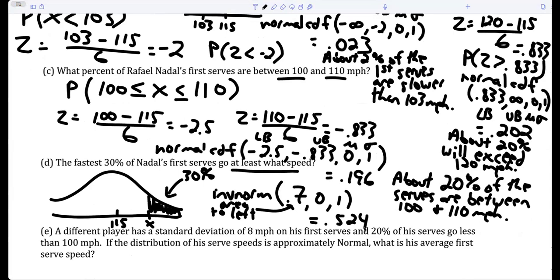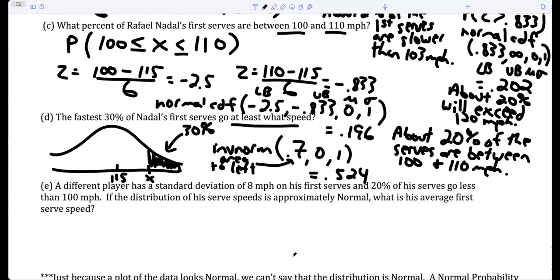So let me set up the equation there. 0.524 is my z-score, so I'm going to set that equal to my z-score equation, which is some speed minus the mean, 115, divided by the standard deviation. And then I'm going to algebraically solve for x.